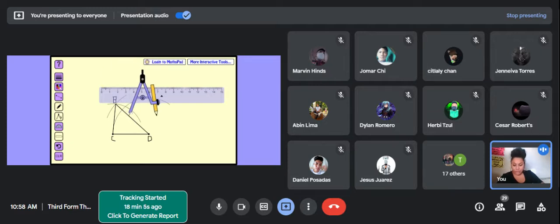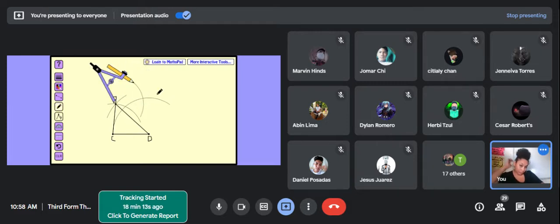Set it at B, and then make an arc. And then you just connect your points.